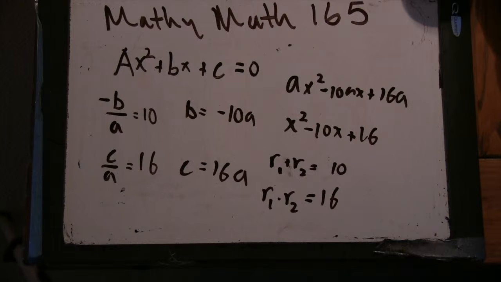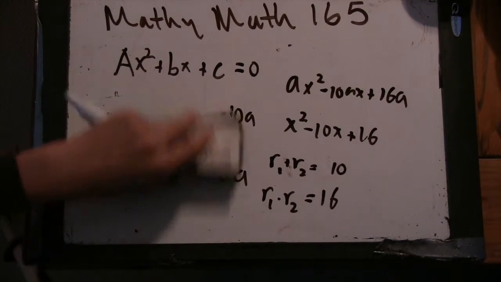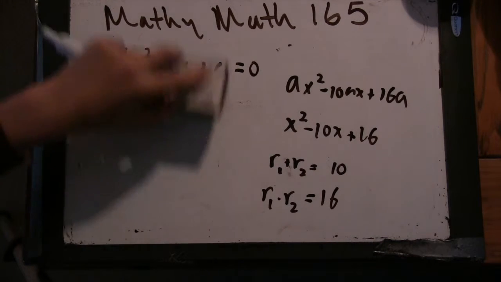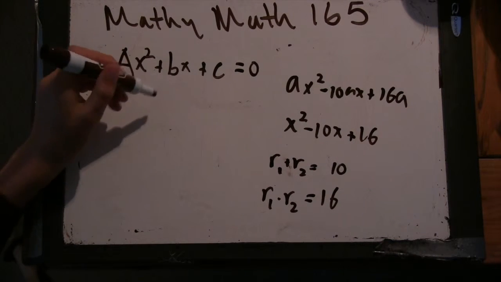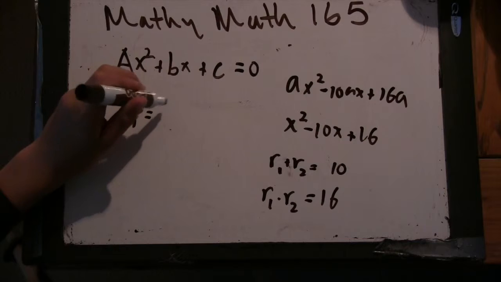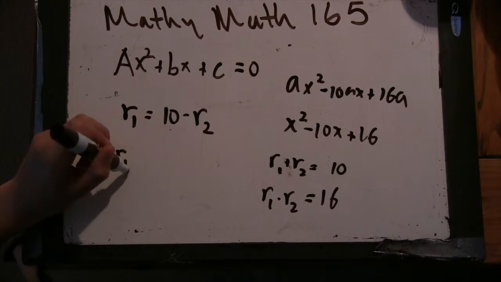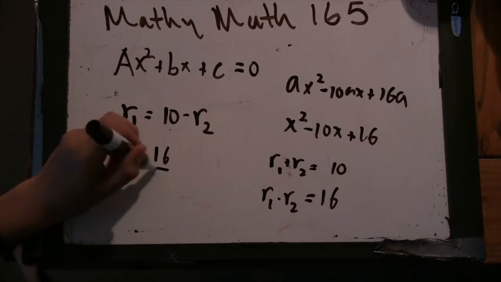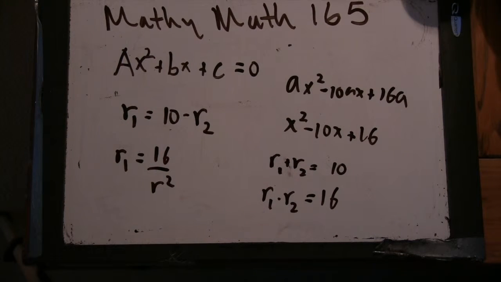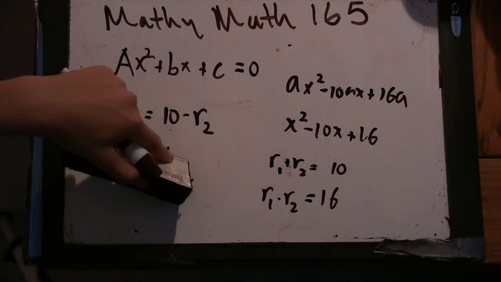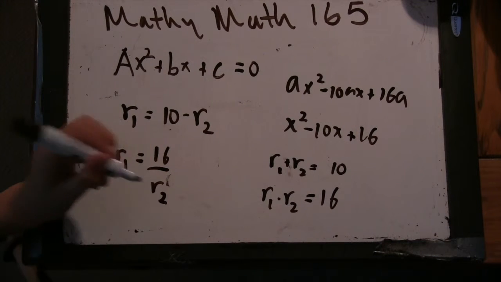So, let's see. We could say that r1 is 10 minus r2, and r1 also equals 16 over r2. Oops, r2, not r squared.